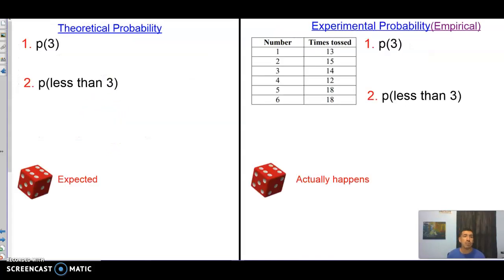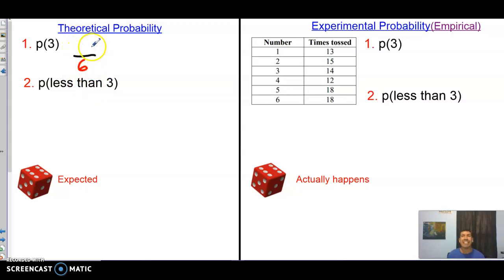So let's go ahead and go to the next screen. I will create my fraction, and then on the bottom of the fraction, I will put my total number of possible outcomes. So in a die, how many sides does a die have? 6. So 6 is my number that goes on the bottom, okay?